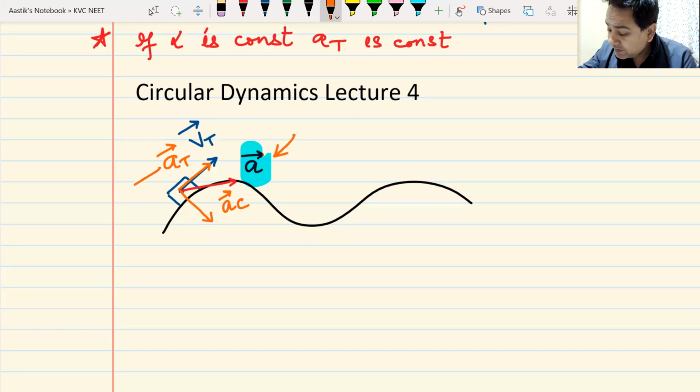Now, can anyone tell me what is the function of this AT? What is this AT going to do? I've resolved this acceleration A vector into two components, AT vector and AC vector. What is this AT vector going to do?